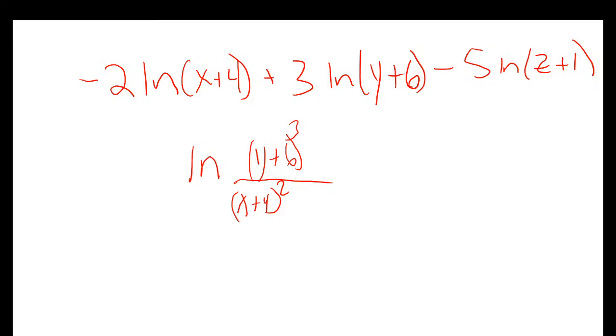Very good. So the negative turns into a positive when it's on the bottom. Yeah, the negative just tells us to put it on the bottom, and then it's positive after that. Okay, and then z plus 1 to the 5. Raised to the fifth, right? Right.